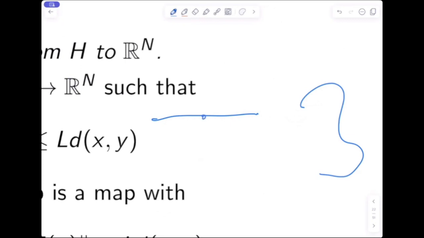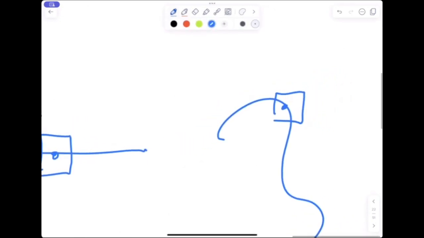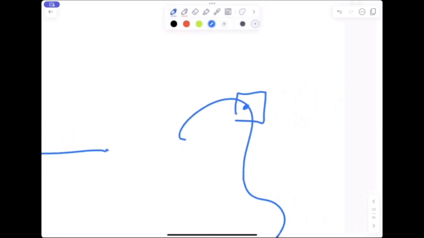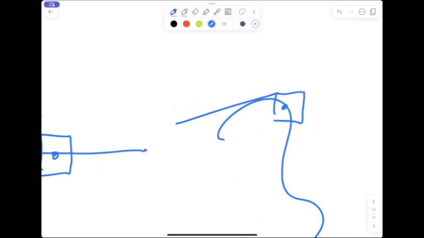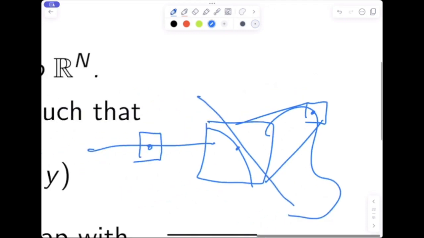What it means is that if we take any point and we zoom in around that point, then that map is getting closer and closer to a linear map, and in the limit, it's going to converge to a linear map as we zoom in further and further.